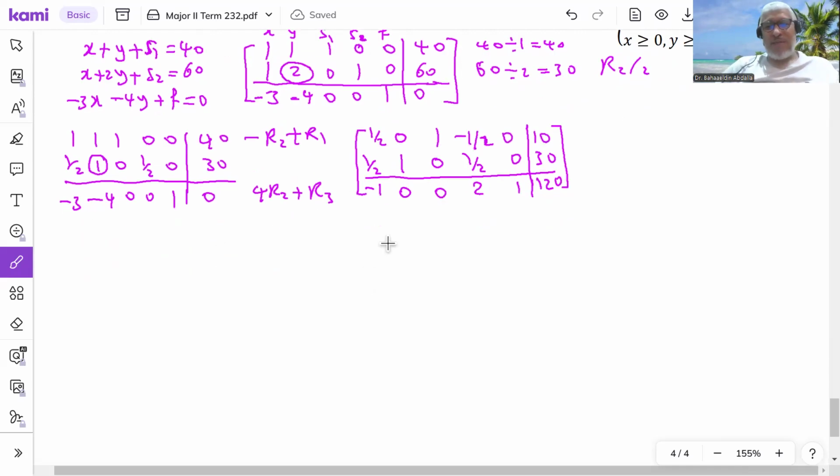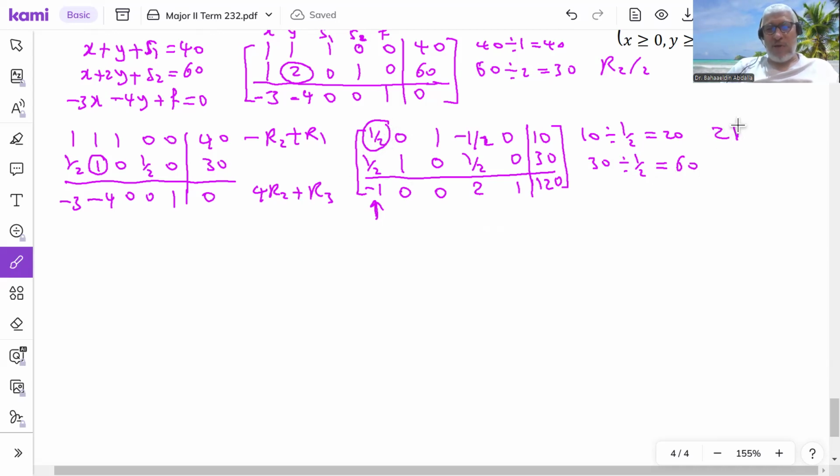It's not a final matrix because we still have a -1 here. So this is the pivot column. I divide 10 by half. The answer is 20. I divide 13 by half. The answer is 60. So this number is the pivot entry.